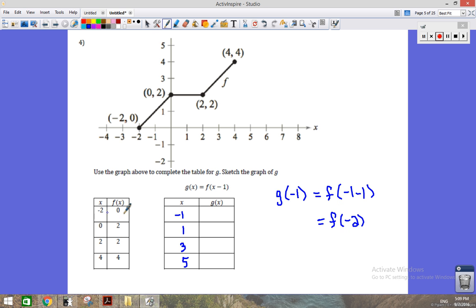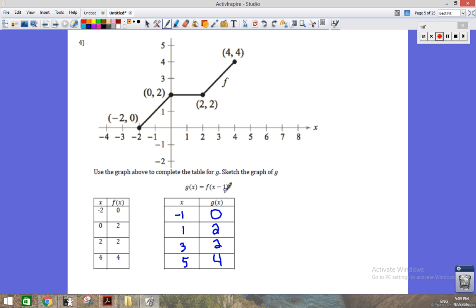And F evaluated at negative 2 is 0. And so if you continue doing that, you're going to get these Y values. The Y values are staying the same, and the X values are changing, because the change was inside the parentheses, we were changing the domain before you plugged it into the function.